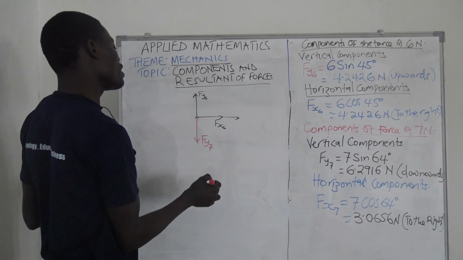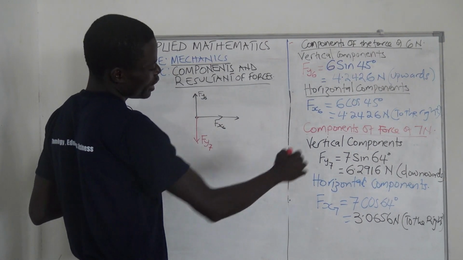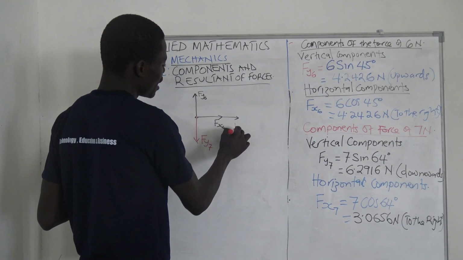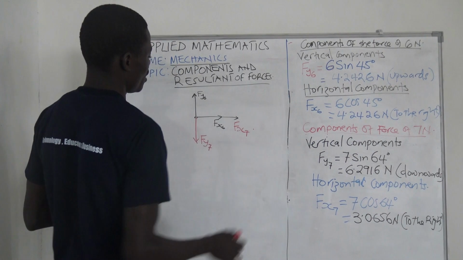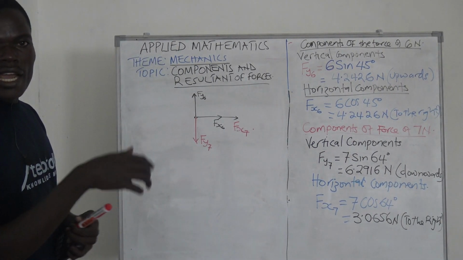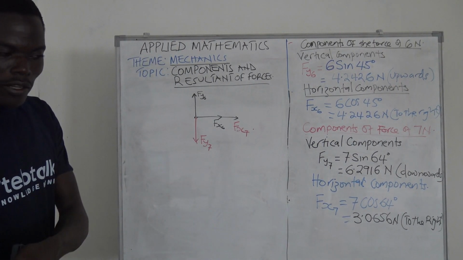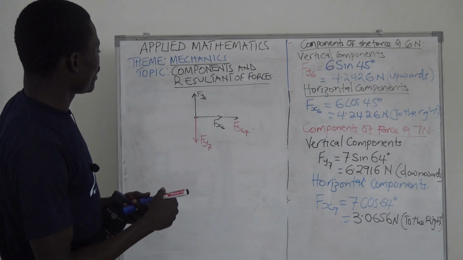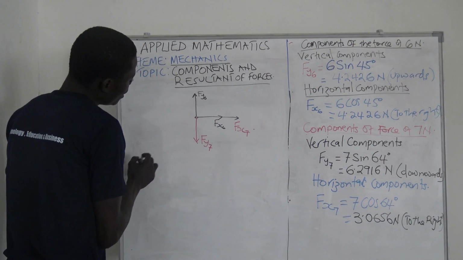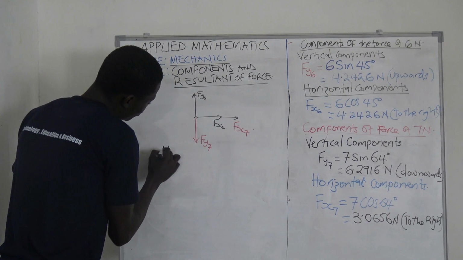Then there is also this force. Its horizontal component is to the right, and we have called it F of x for 7. Then we are going to resolve the overall resultant of the horizontal component and the vertical component. Follow me at the horizontal component.